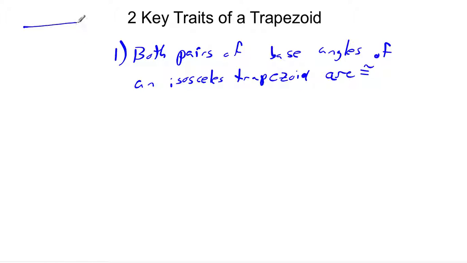So if I have an isosceles trapezoid just like this, then this is equal to this, and that is equal to that, just like a triangle.